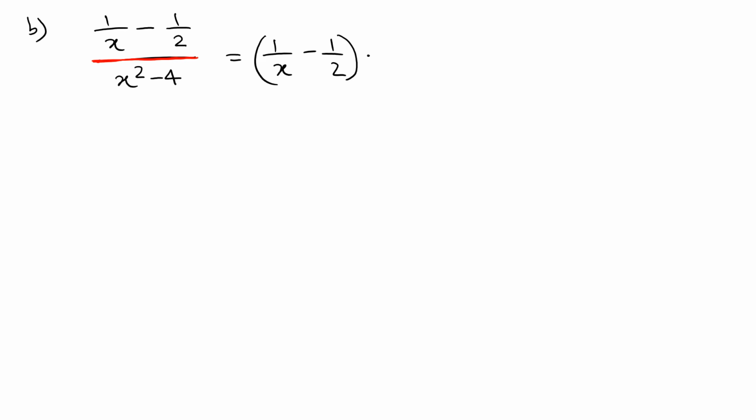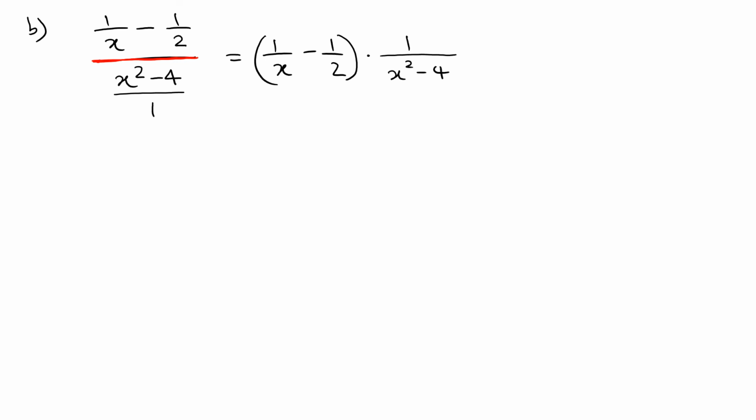Flip over means, because x squared minus 4 is the major denominator, you can think of it as divided by 1. So when we flip it over, it's going to be 1 over x squared minus 4.